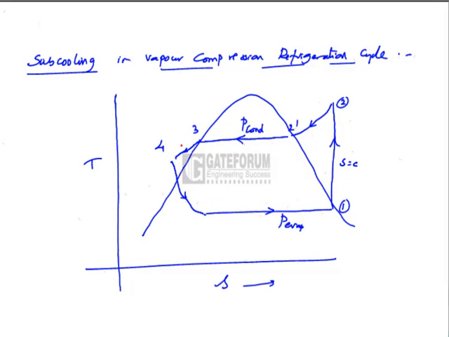So this 3 to 4 is subcooling in the VCR cycle.